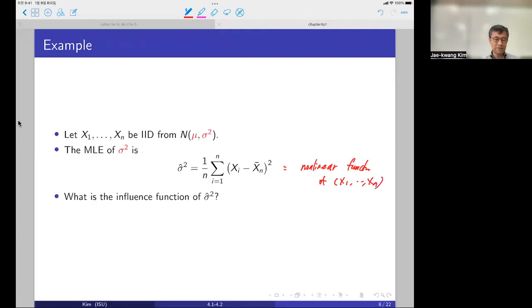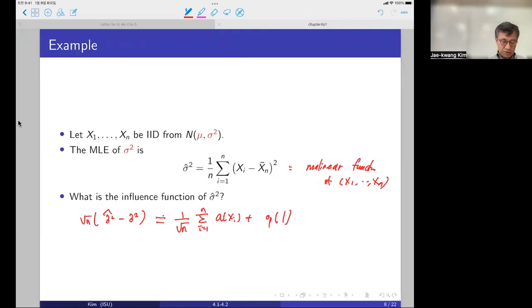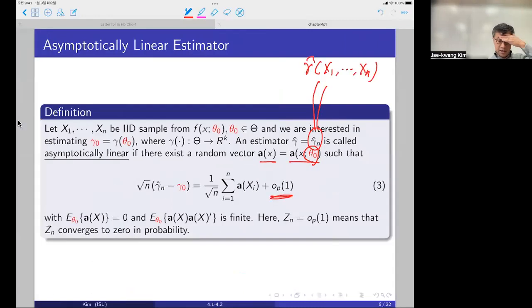Okay, then what is the influence function of this? Our goal is to find... By the way, this term is the O_P notation. o(1) is just a sequence c_n satisfying that c_n converges to 0.